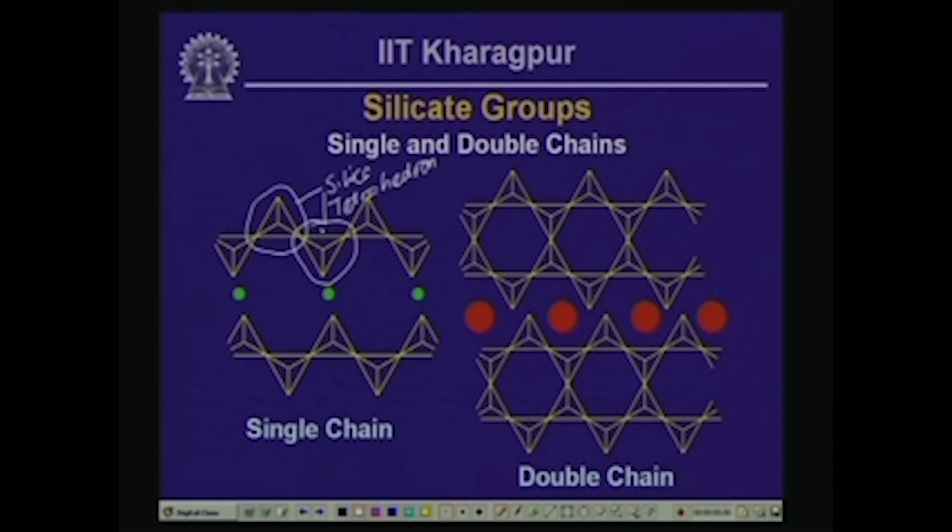So, what you got here is essentially a 1:3 combination of silicon and oxygen, and each of these chains is going to combine with each other with different types of cations.